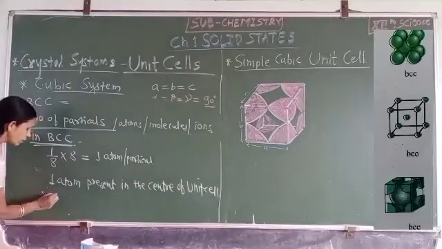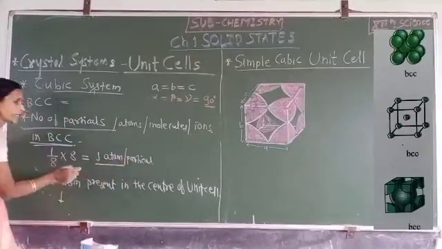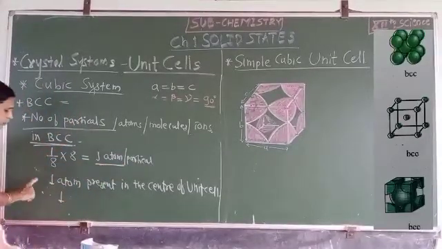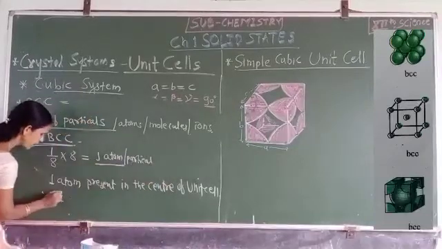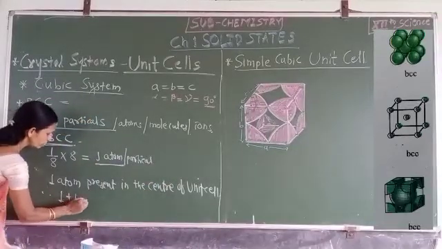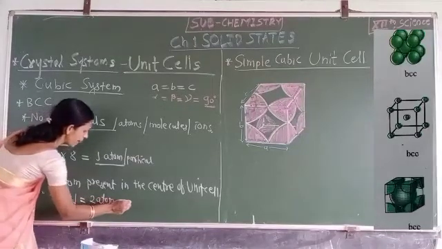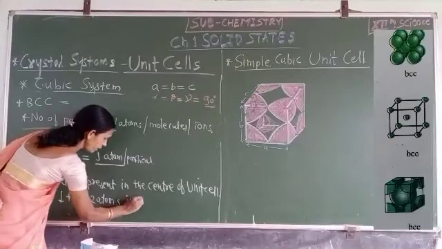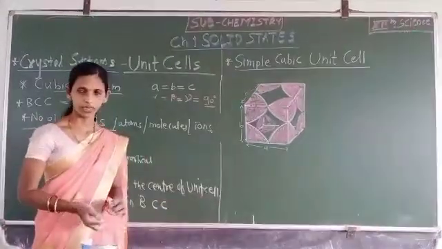Therefore here total 1 plus 1, that is 1 atom at the corners of that unit cell and 1 atom present in the center of the unit cell. Then 1 plus 1, that is 2 atoms, total 2 atoms are present in the BCC type of unit cell.